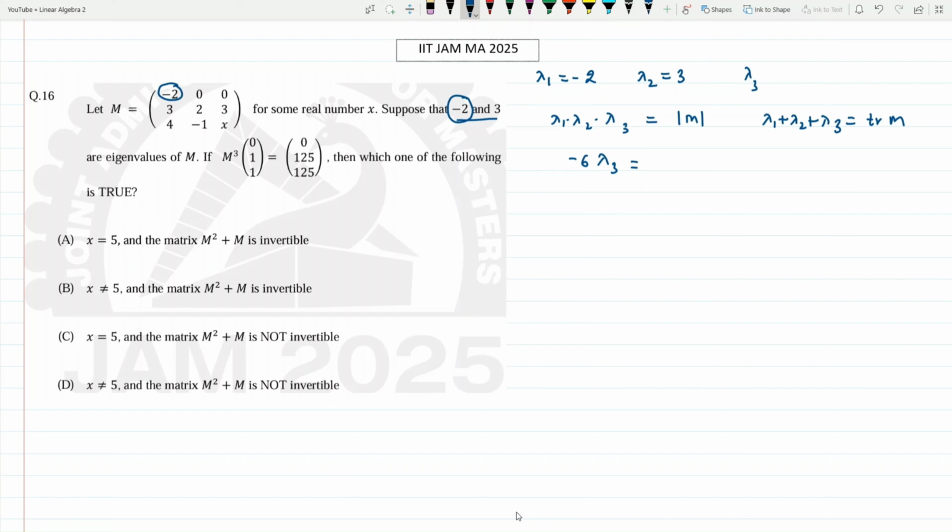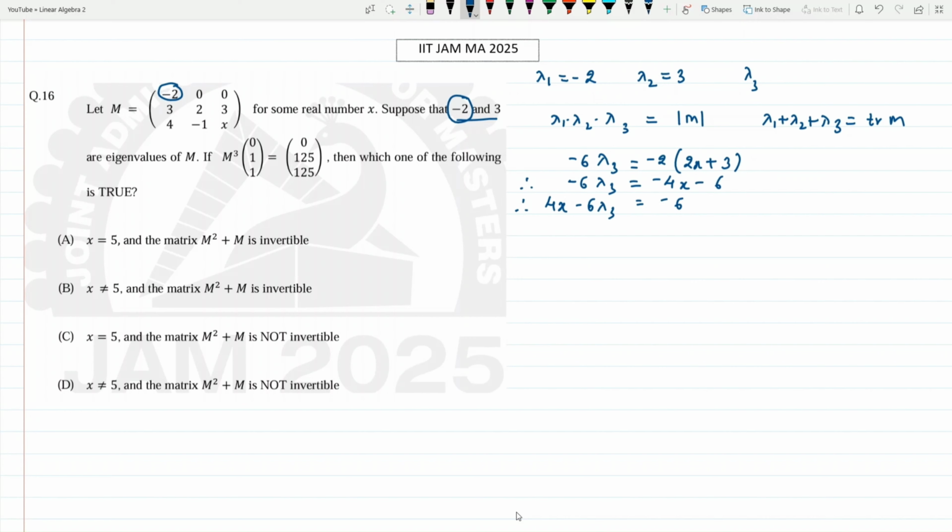So we'll start with negative 2. So negative 2 times (2x plus 3), which simplifies to negative 6 lambda 3 is equal to negative 4x negative 6, and this gives us that 4x minus 6 lambda 3 is equal to negative 6.